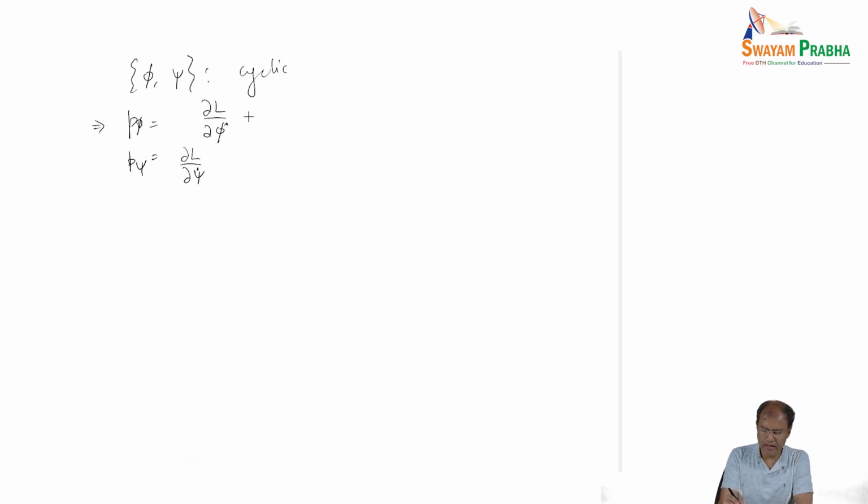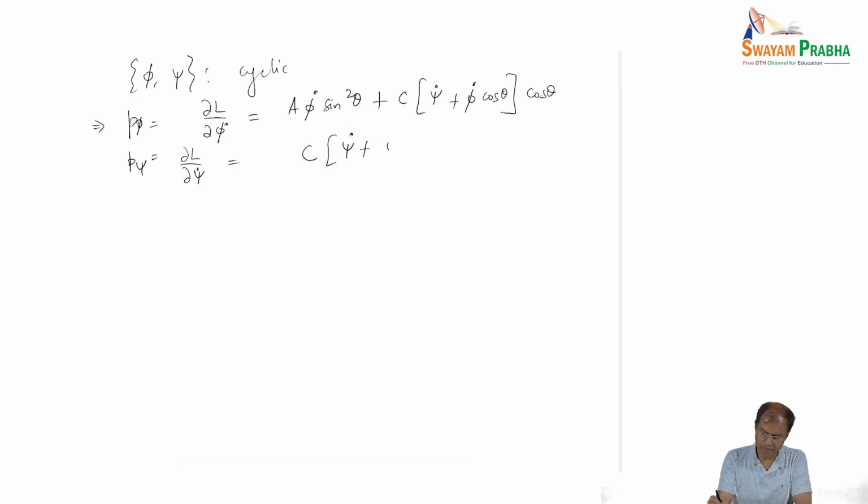If we find this function, we see that p_φ is A φ̇ sin²θ + C (ψ̇ + φ̇ cos θ) cos θ, and the other variable p_ψ is C times (ψ̇ + φ̇ cos θ).